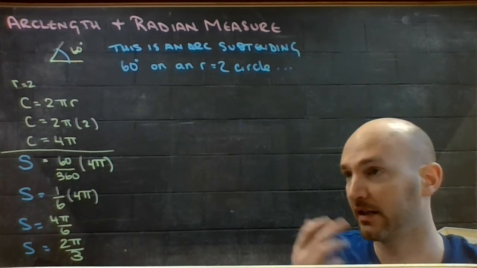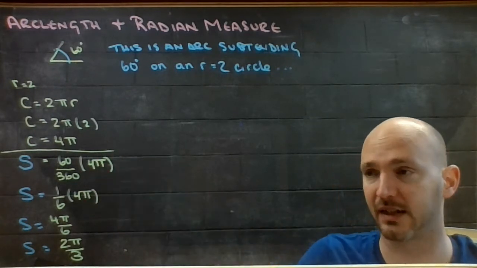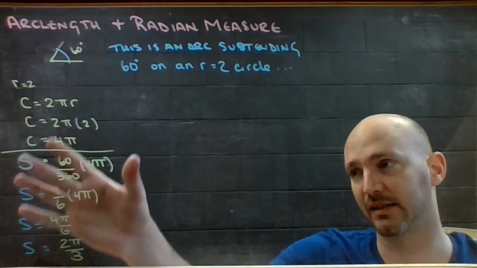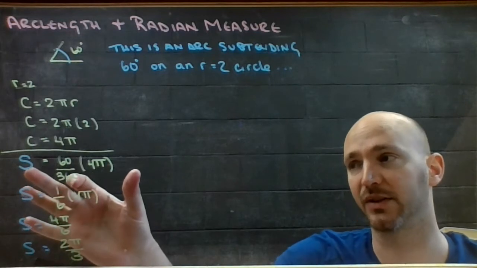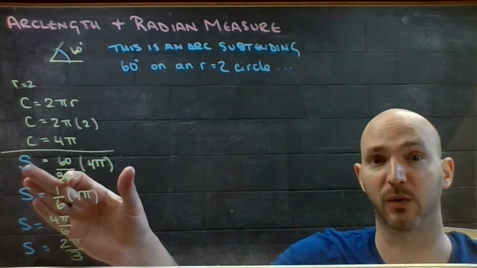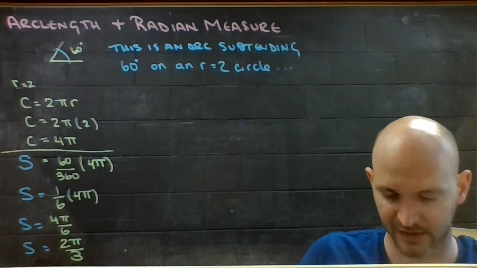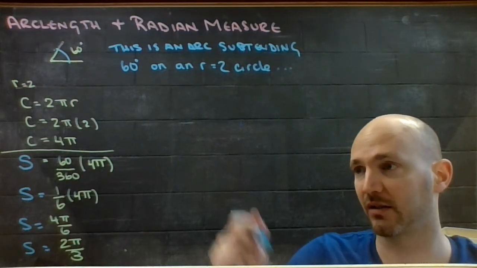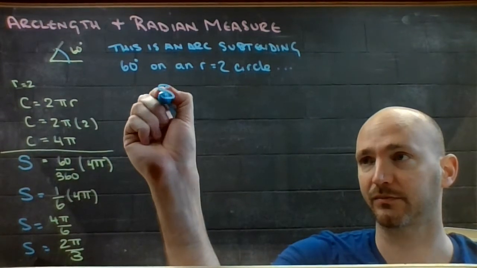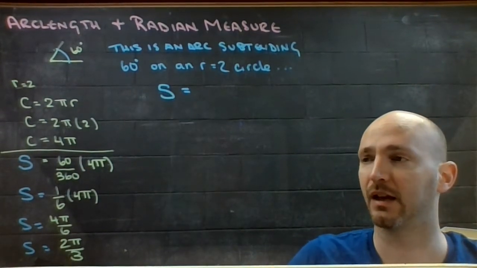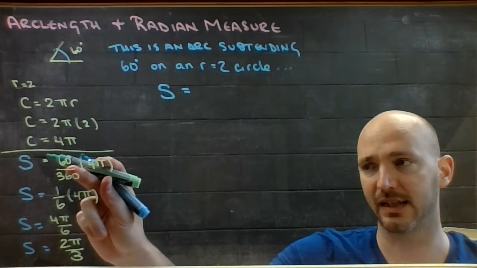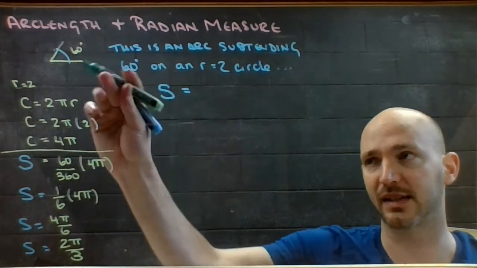Okay, so now that we've done this, I'd like to take this thing here and make it like a formula so that we have something that we can work with a little more easily. So I've got S for the arc length, and I have 60, which was the size of this angle.